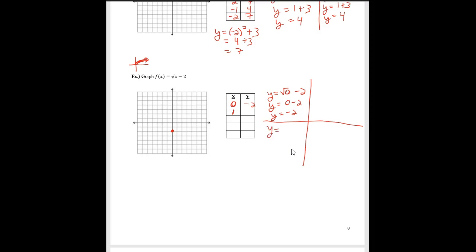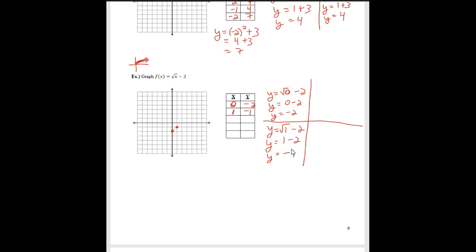I'm replacing x with 1, which is a perfect square. Square root of 1 is 1, and 1 minus 2 is -1. So I go positive 1 for x, -1 for y.